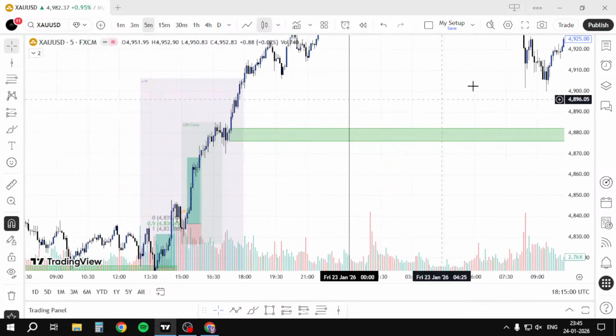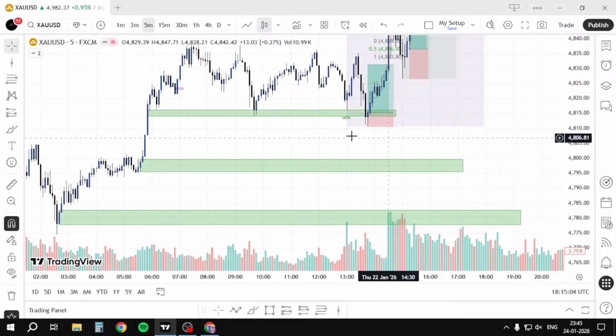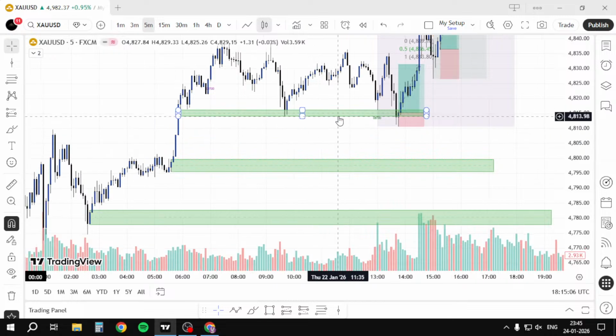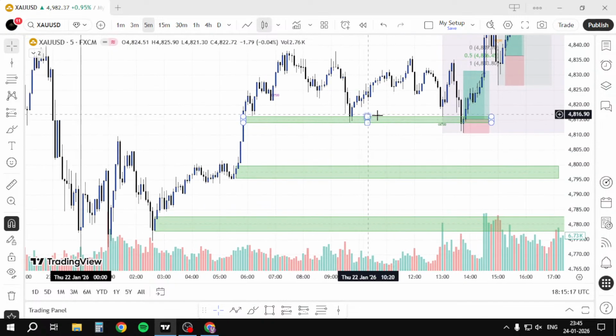Now see, either the market has to take this one, or this one. We will go as the market reacts on these three zones.